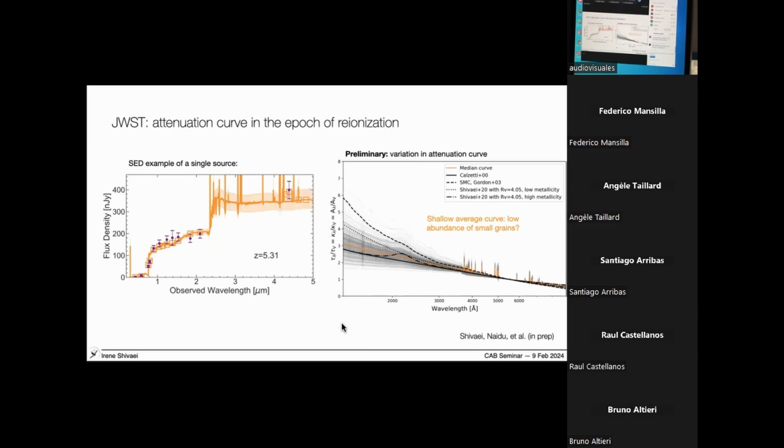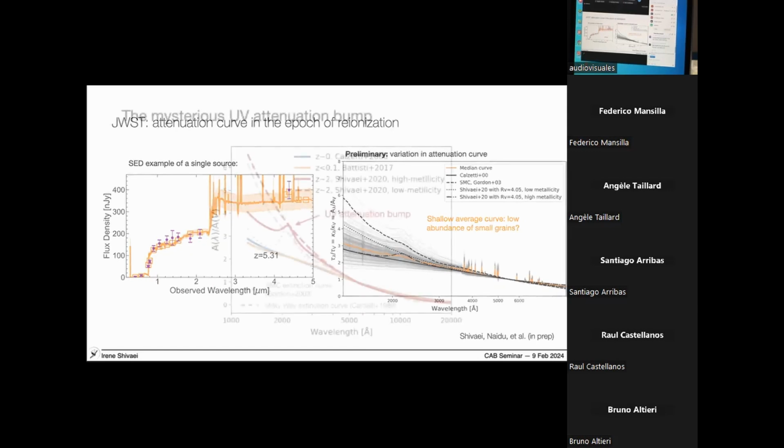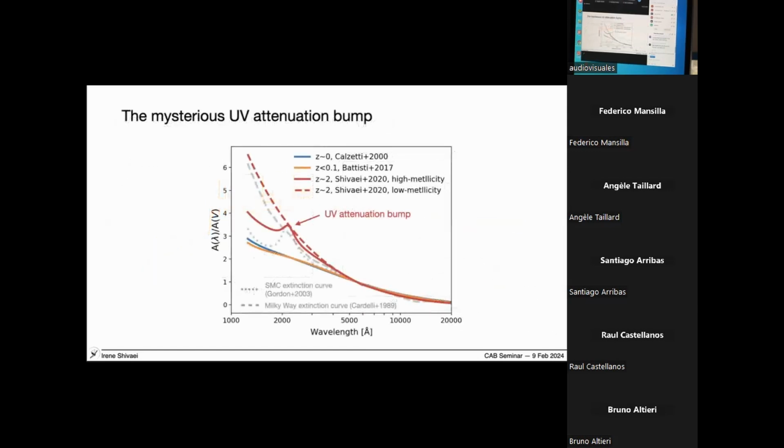To our surprise, the average curve is much shallower than the SMC curve, because we thought these are lower mass, lower metallicity galaxies, so they should have a steep curve, but that's not what we are seeing, which might be due to an actual dust grain evolution from those early times. But this is ongoing, so I won't talk much more about it, and I will go back to the UV attenuation bump that I showed you.